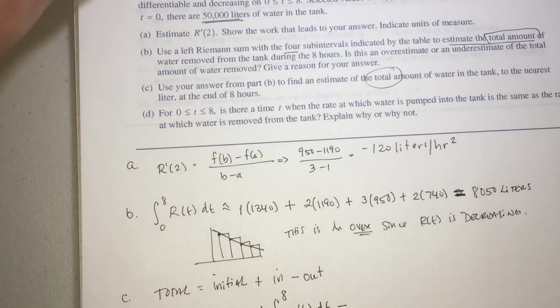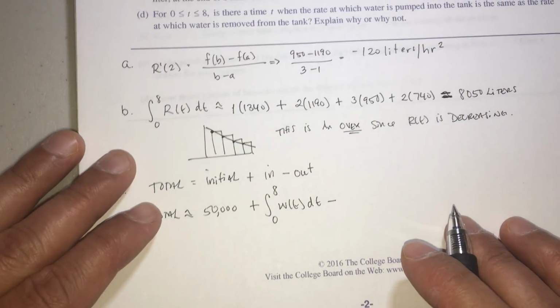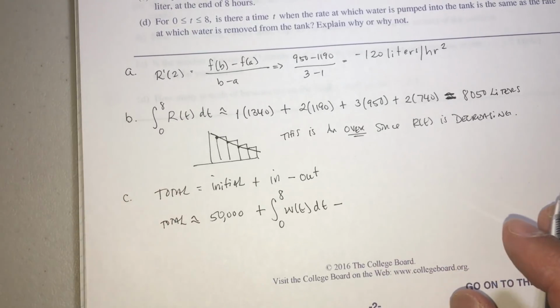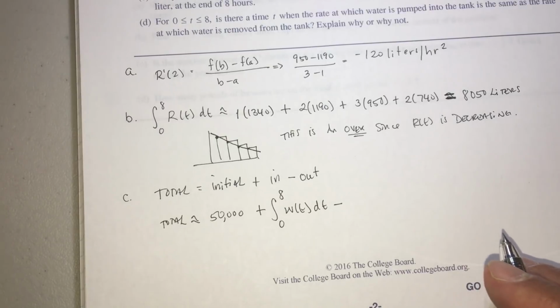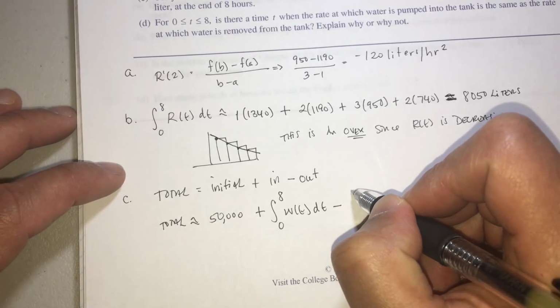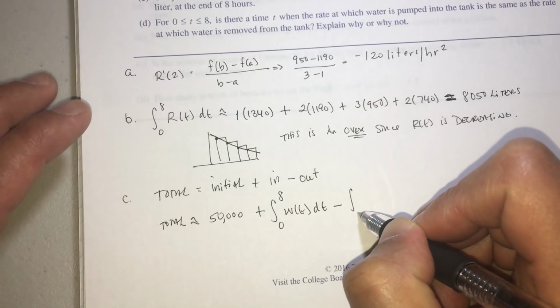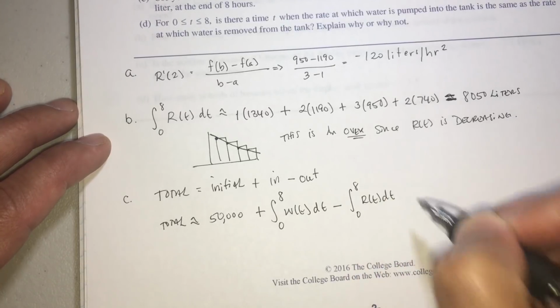Minus what is going out. Well, the integral, and I'll do it this way. It's an extra step, but it's okay. Minus the integral of R(t) dt. Does that make sense?